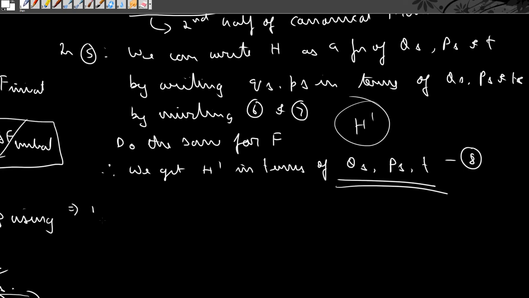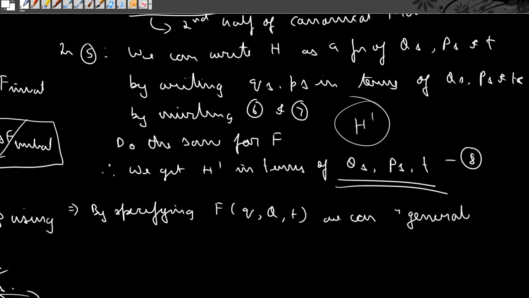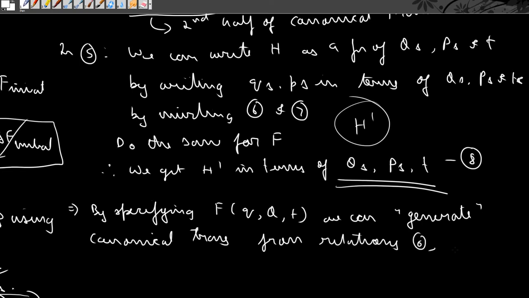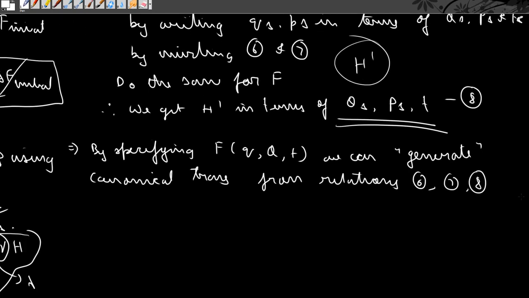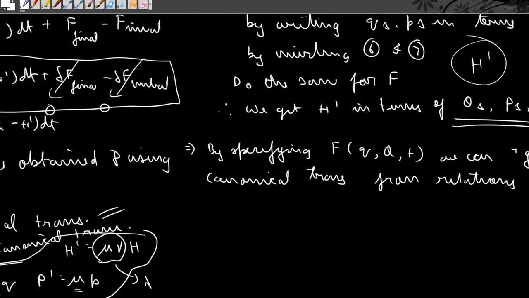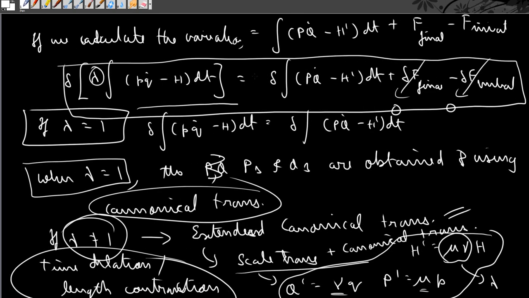Okay, so this implies that by specifying the function f of q, Q and t, we can generate canonical transformation equations from relations 6, 7 and 8, and the transformations so obtained have to be canonical because they lead to the modified Hamilton's principle in terms of the new coordinates, from which we can derive Hamilton's equations.